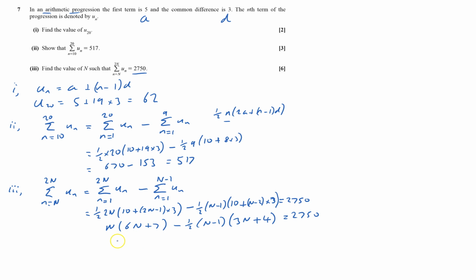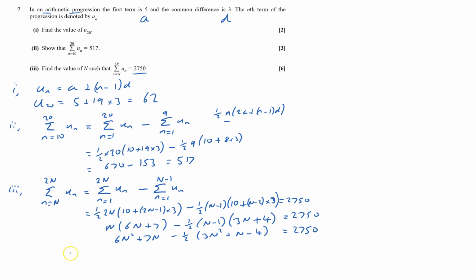Going to multiply it all out, so that gives me 6n squared plus 7n minus half of (3n squared plus 4n minus 3n, that will be plus n, take away 4), that equals 2750.